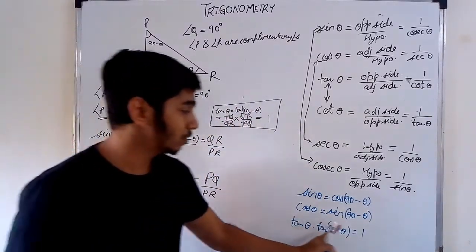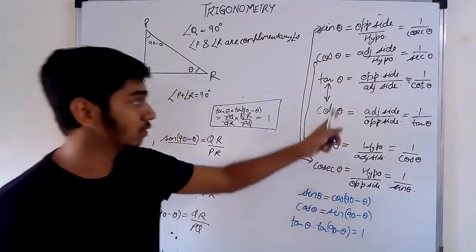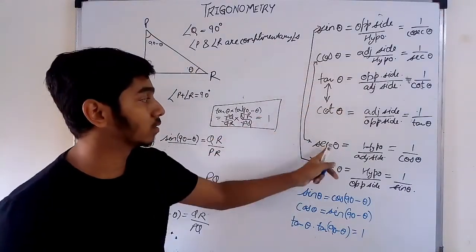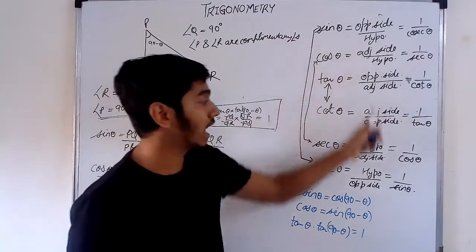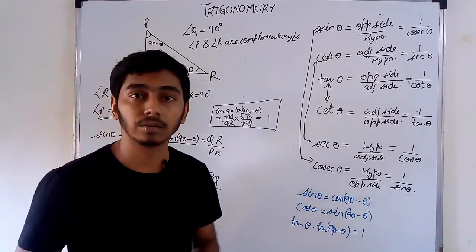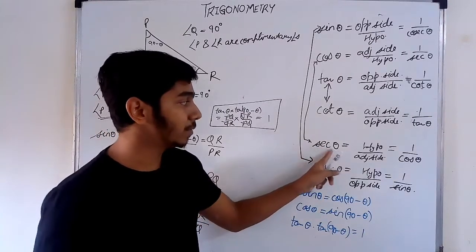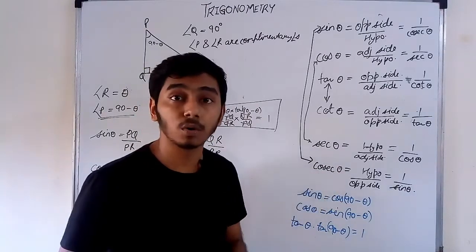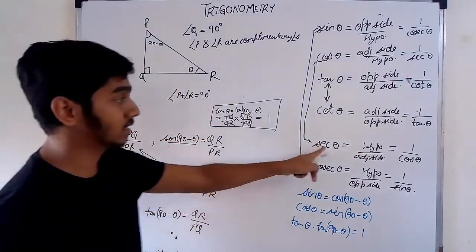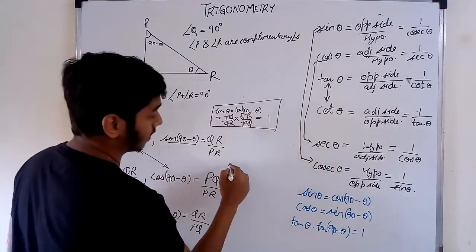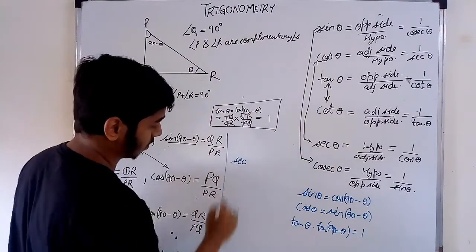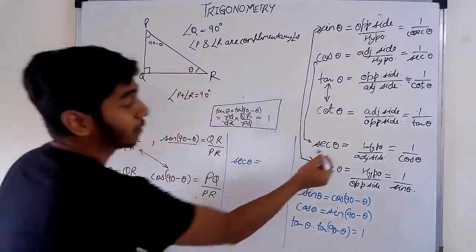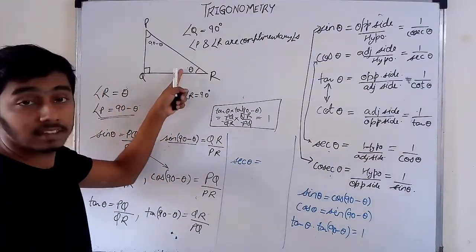Now if you try to find the relation between tan and cot, or sec and cosec, we already have the relation between sec and cos. If you want to find the relation between sec and cosec, for example, what is sec theta in this triangle?